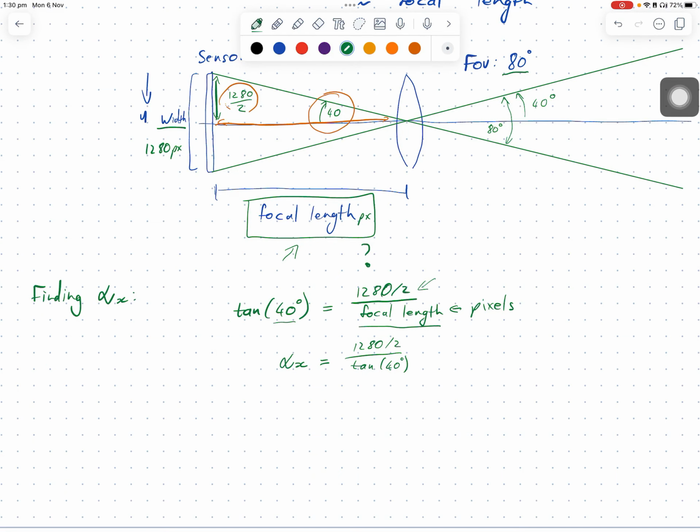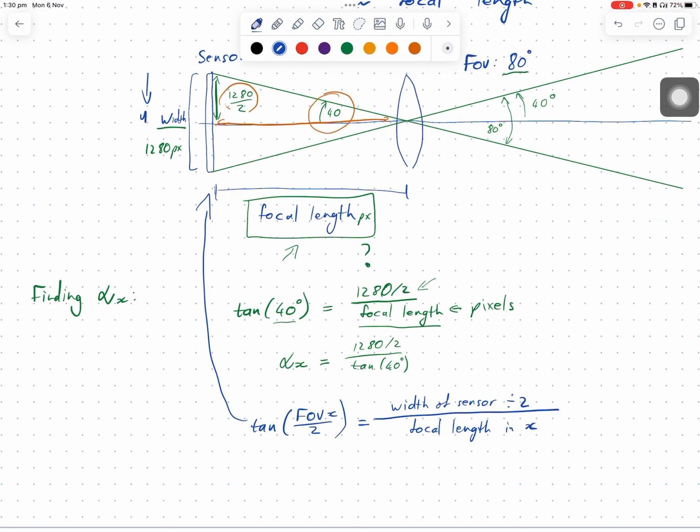Just to reiterate, we're saying tan of the field of view in X divided by 2 equals the width of the sensor divided by 2, also divided by the focal length in X. This equation you can get directly from that picture.